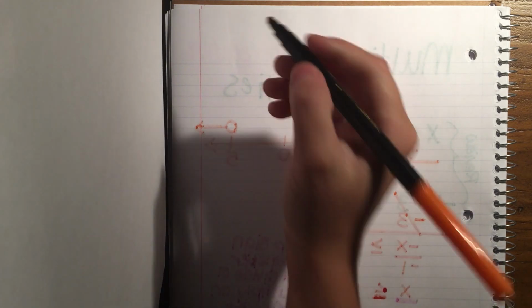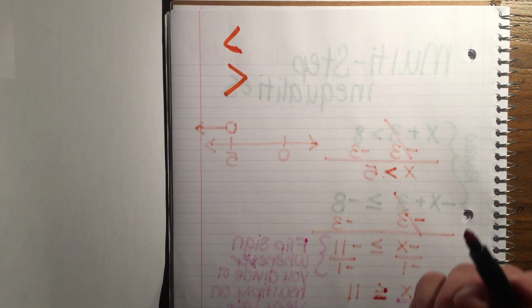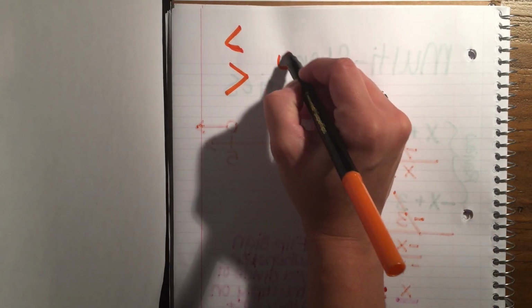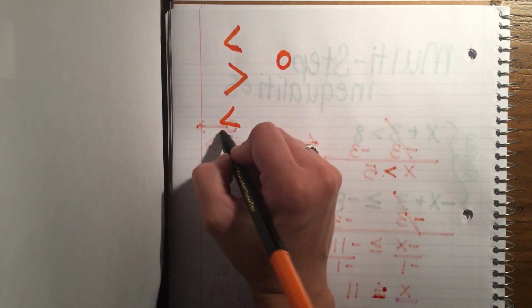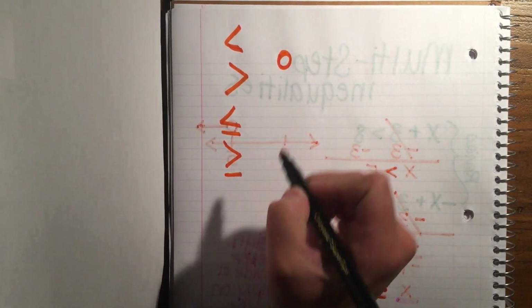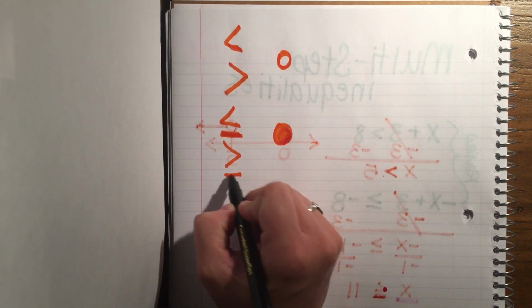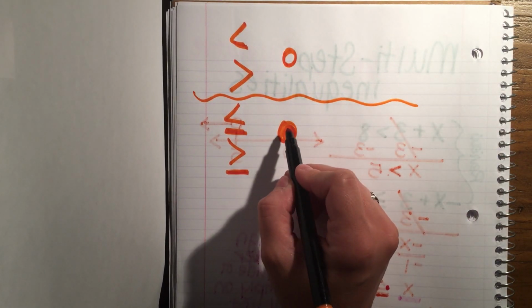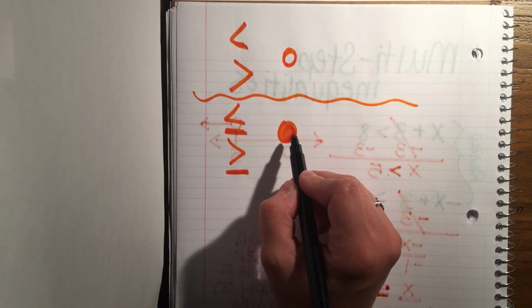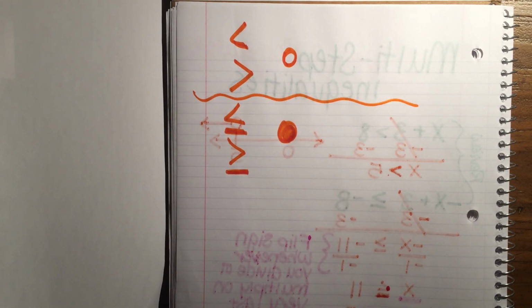Just a refresher, less than or greater than use an open circle. Less than or equal to, greater than or equal to, use a closed circle. Why? Because of this equal to. When you shade it in, what you're saying is that this solution can be plugged in for x and the inequality will remain true. Means it's a solution.